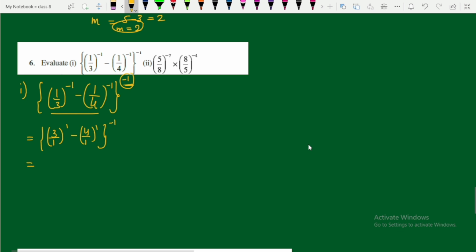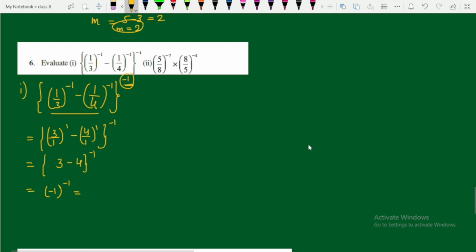Next, bracket as it is, this is 3 minus this is 4 raised to 1. So now it is 3 minus 4, which is minus 1, whole raised to minus 1. Now how can we write this? Again the power is negative. The base does not matter, negative or positive, you only have to check whether the power is negative. So the power is negative, right?